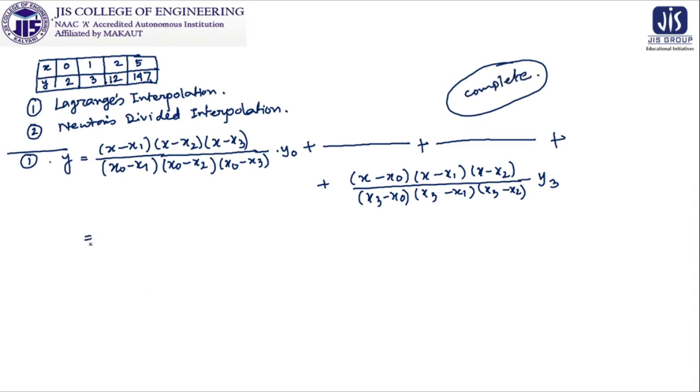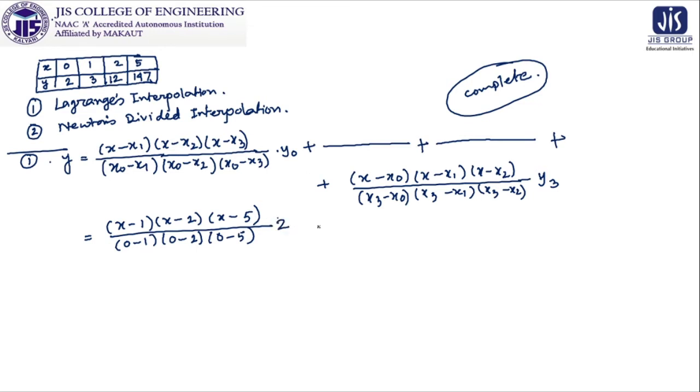So in the next line, putting the values of x0, x1, x2, x3, we are going to get x minus 1, x minus 2, x minus 5 by 0 minus 1, 0 minus 2, 0 minus 5 into y0.